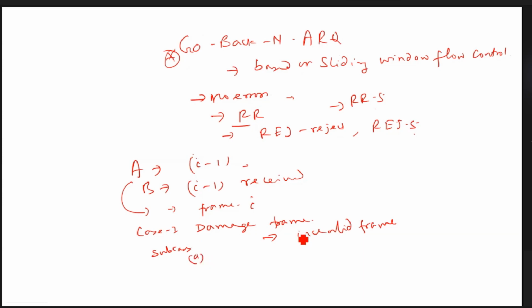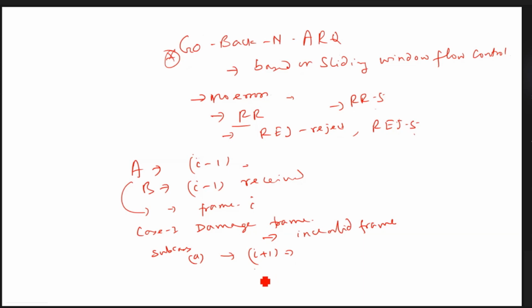Number 1: after a reasonable period of time, A sends the next frame, I+1. This frame will be transmitted, but what will B see?